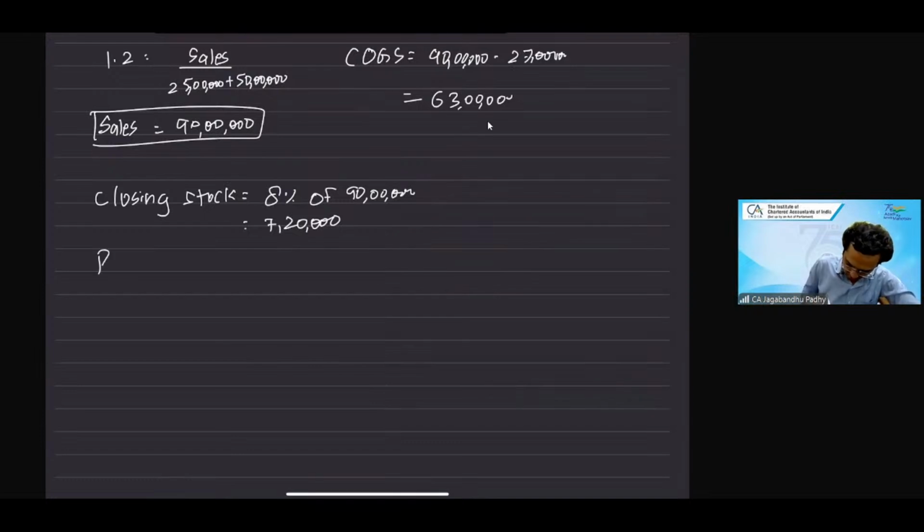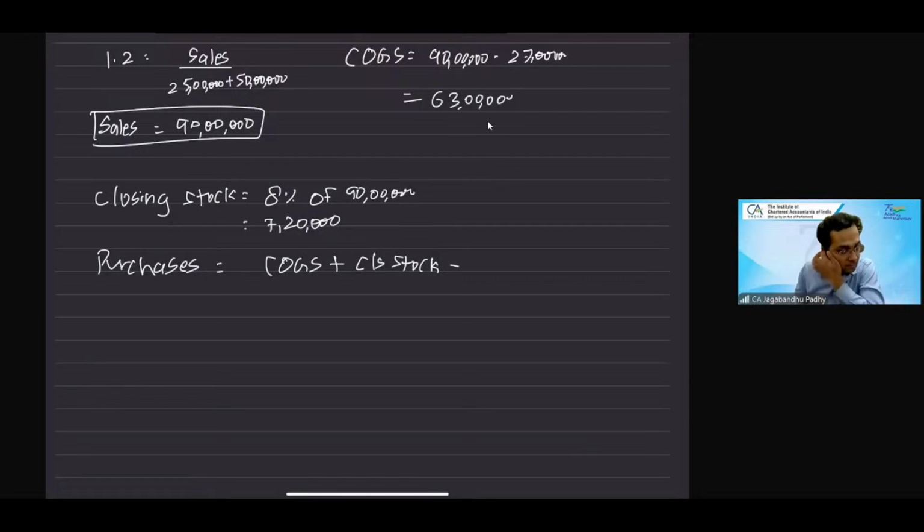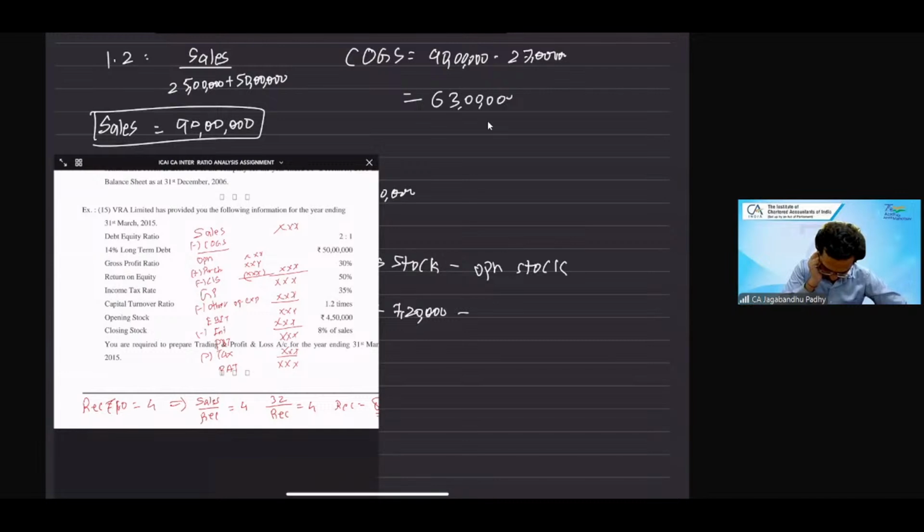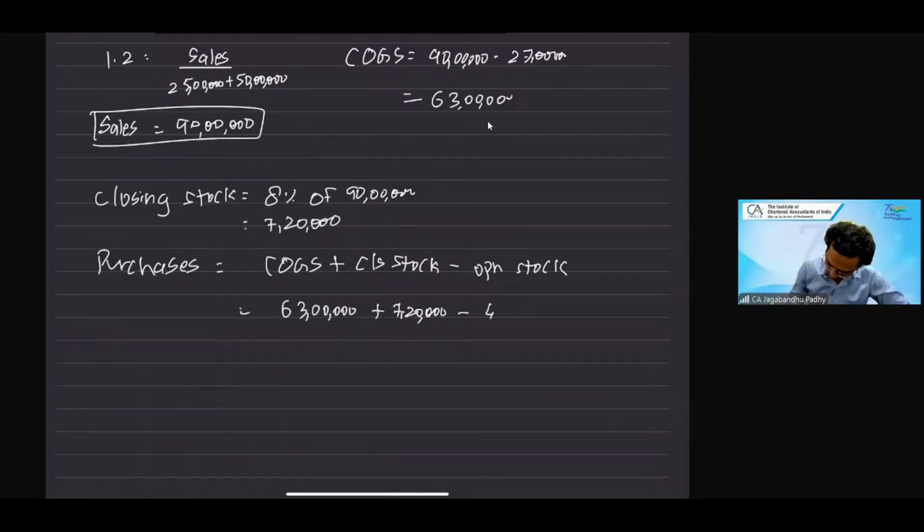So how do we get the value of purchases? Purchases will be COGS plus closing stock minus opening stock. COGS we know is 63 lakhs, plus closing stock of 7 lakh 20,000, minus the opening stock value of 4 lakh 50,000.